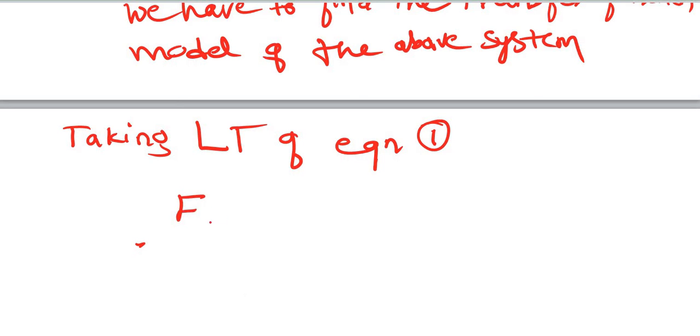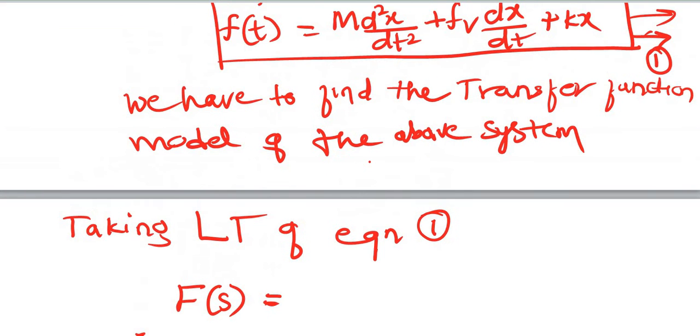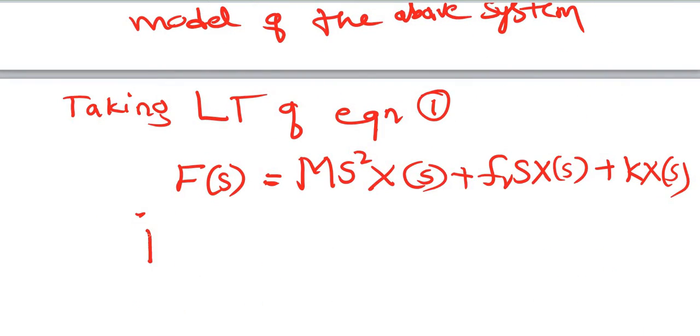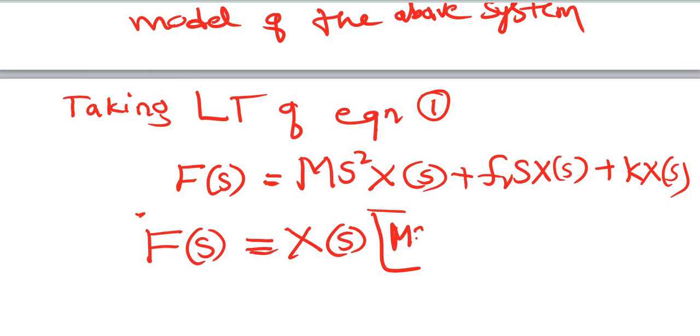I can write it as F(s). Laplace transform of F(t) is F(s) equal to m into s square into X(s) plus Fv into s into X(s) plus k into X(s). So now taking X(s) out on the right hand side, X(s) into bracket ms square plus Fv s plus k.